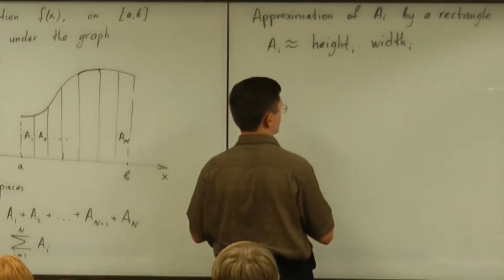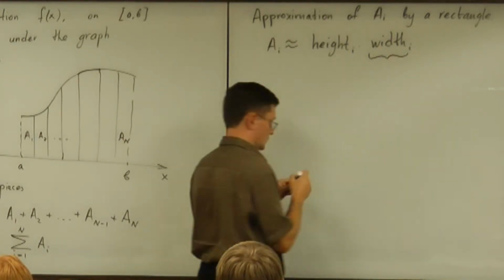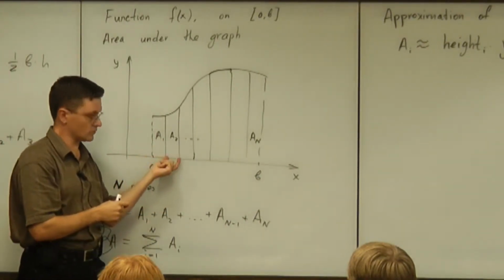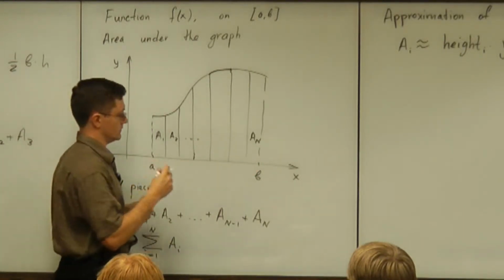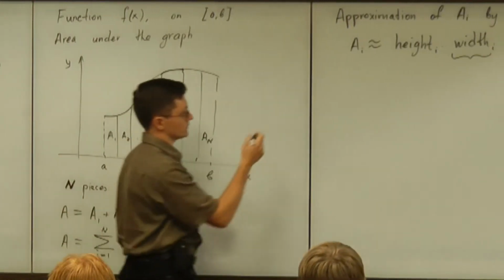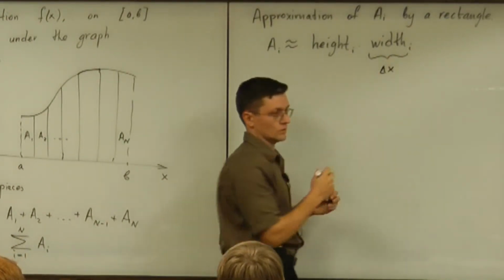Now the typical assumption at this point is that when we subdivide into those vertical columns, we subdivide into columns of equal width. It is just an assumption to simplify matters and to have only one simple notation for that width.